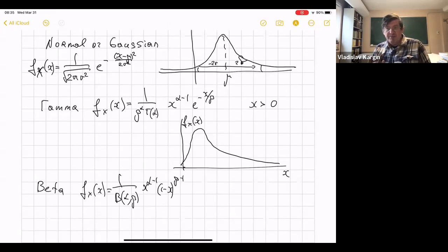For some values of the parameters, the gamma distribution reduces to the exponential, when alpha is equal to 1, and the beta distribution reduces to the uniform distribution when alpha is equal to 1 and beta is equal to 1. The picture is something like that, from 0 to 1.